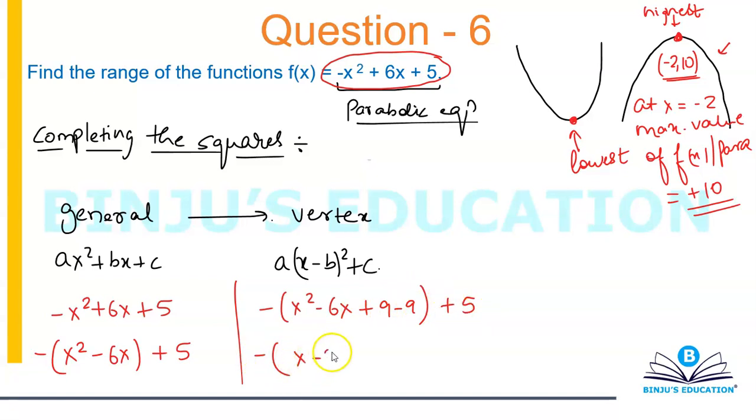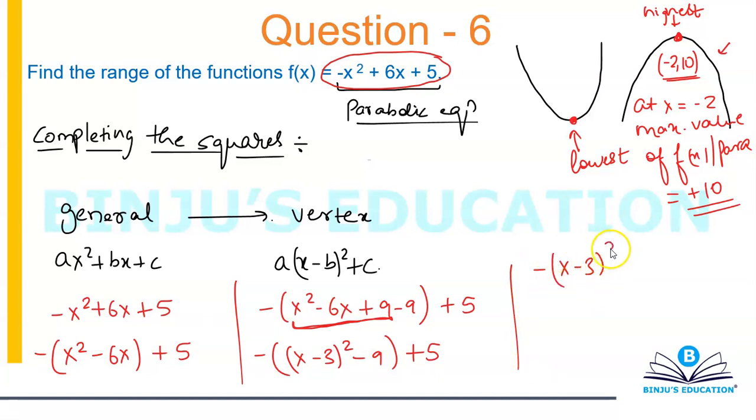So this is (x minus 3) whole square. This will become minus of (x minus 3) whole square minus 9, plus 5, or I can rewrite this as minus of (x minus 3) whole square plus 9 plus 5. So your function can be rewritten as minus of (x minus 3) whole square plus 14.